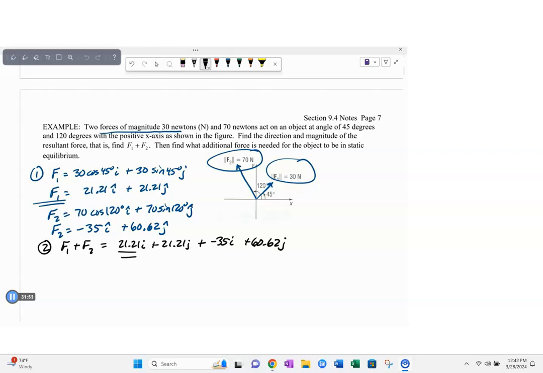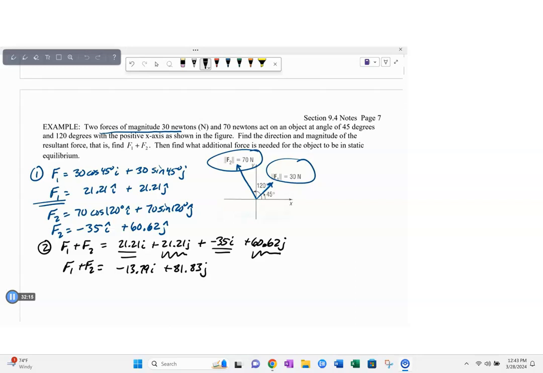Let's combine the J's. And I get negative 13.79 I plus 81.83 J. There's our resultant vector.